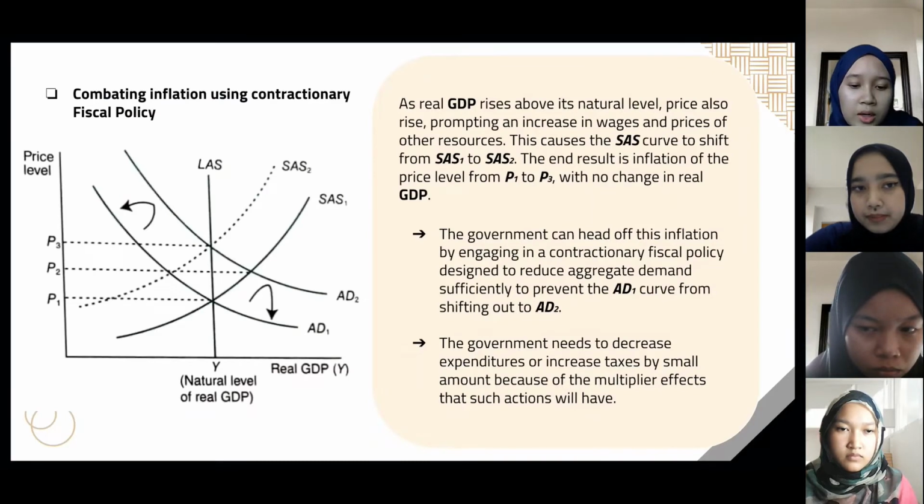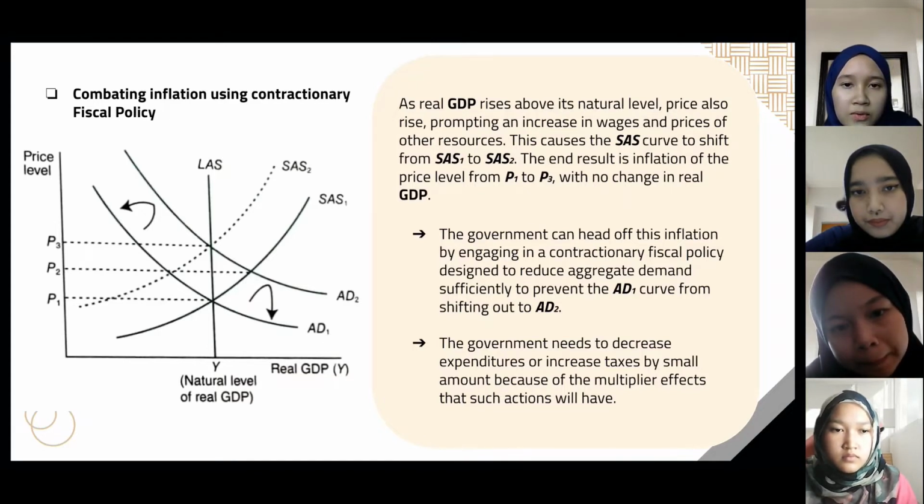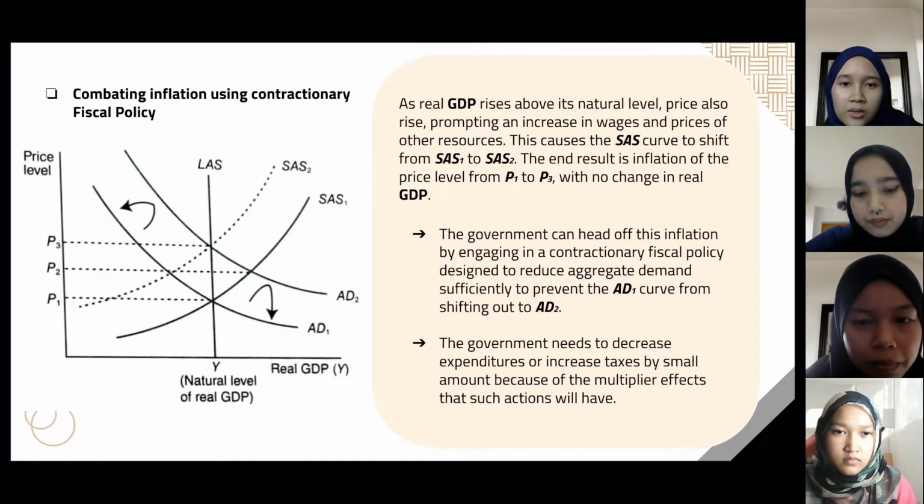And now we look at the graph of combating inflation using contractionary fiscal policy. As real GDP rises above its natural level, prices also rise, prompting an increase in wages and prices of other resources. This causes the SAS curve to shift from SAS1 to SAS2. The end result is inflation of the price level from P1 to P3 with no change in real GDP.